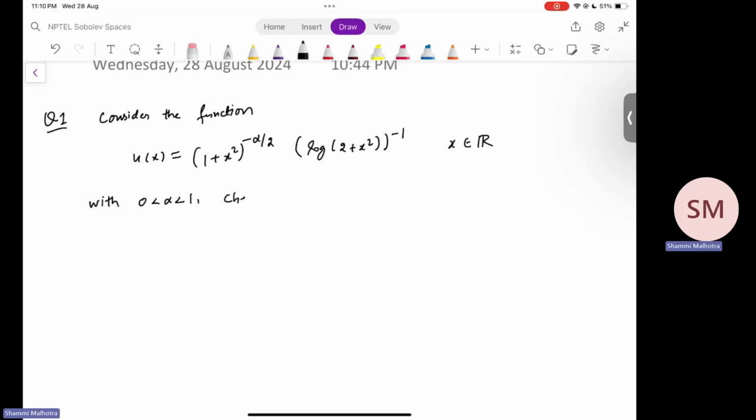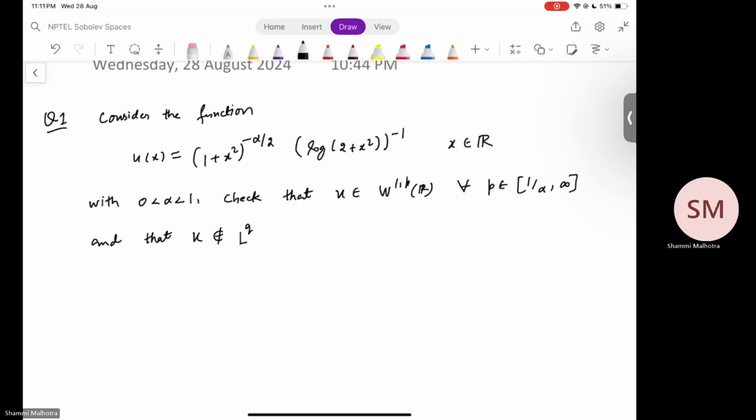We have to check that u belongs to the Sobolev space W^{1,p}(R) for all p in [1/alpha, infinity), and that u does not belong to L^q(R) for all q in [1, 1/alpha).